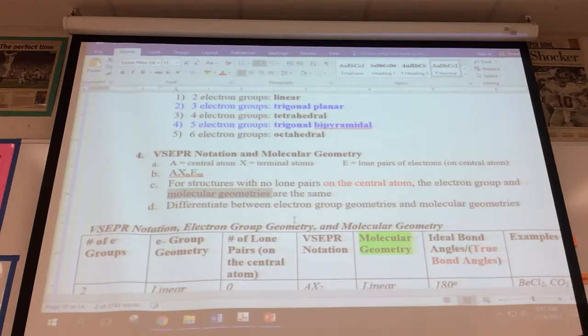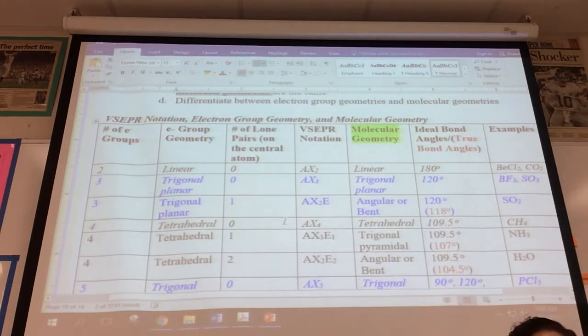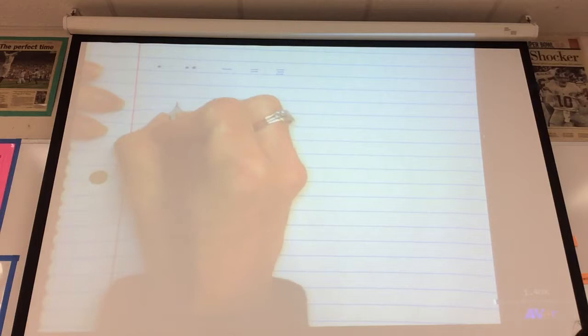The electron group geometries can lead to the shapes and do help explain hybridization, but they'll ask you for molecular geometries. Before we go there, I just want to remind you of some basic shapes that you should have learned last year. You don't have to draw this unless you want to.